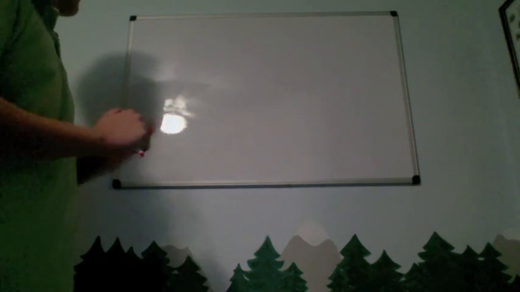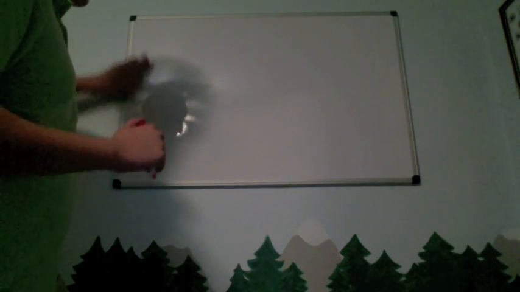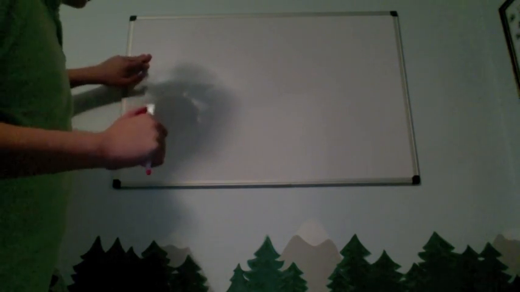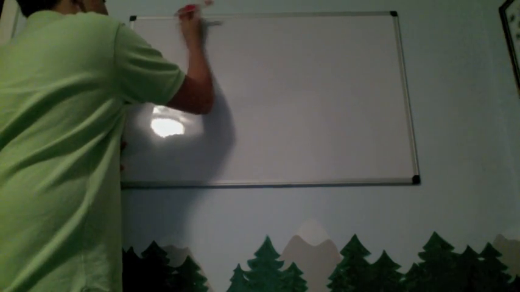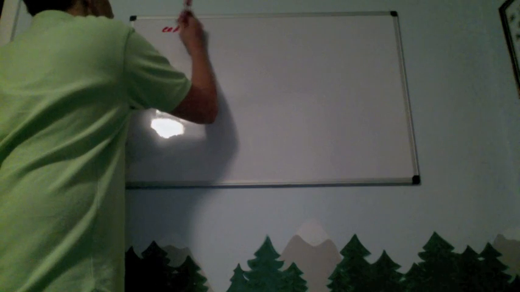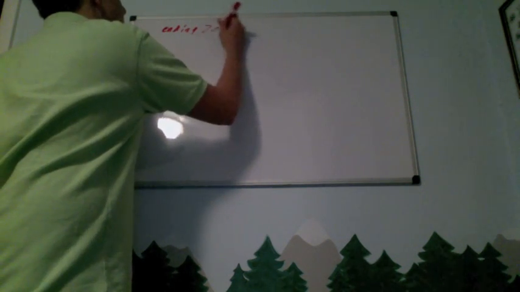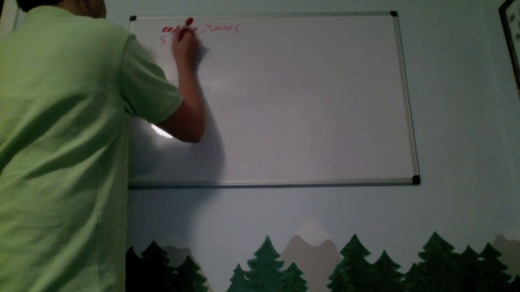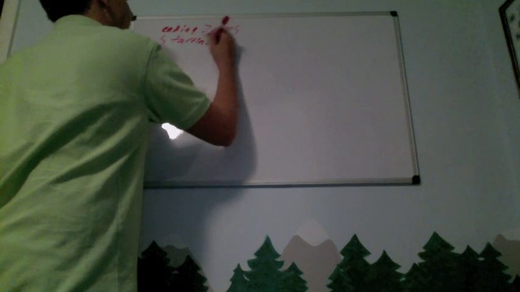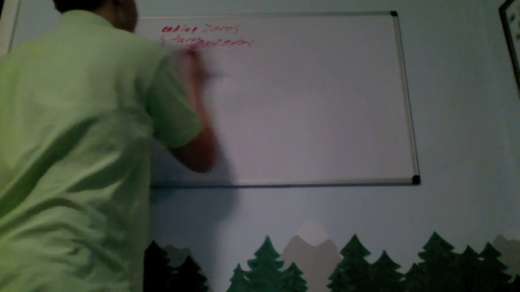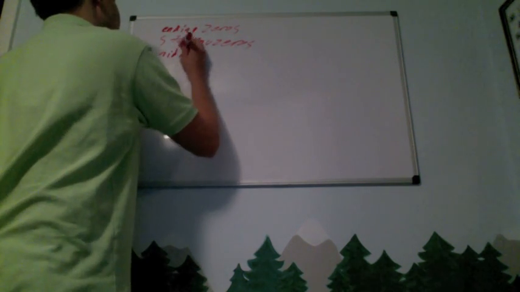So, the first thing you have to know about sig figs is that there are 3 rules about the zeros in significant figures. There's ending zeros, starting zeros, and middle zeros, I like to call them.